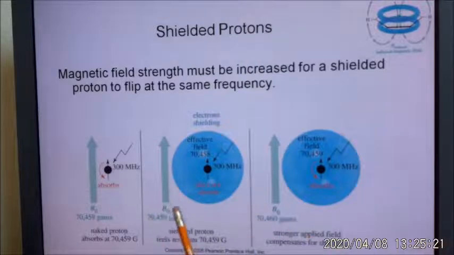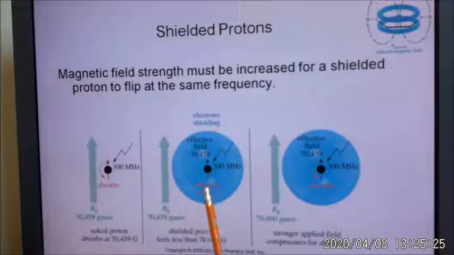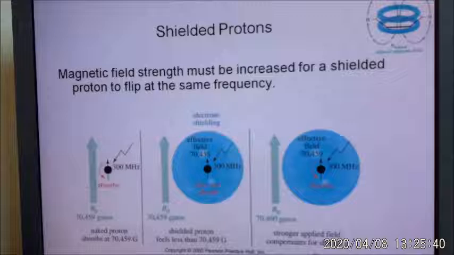If it's shielded, I have electrons that are protecting it from my magnetic field, then it feels less than the 70,000 Gauss. So when I apply my field, I have to apply something slightly stronger to compensate for the shielding.